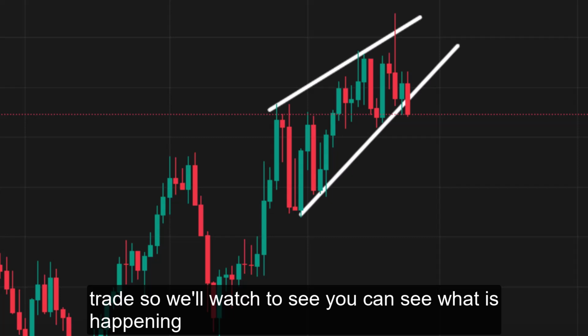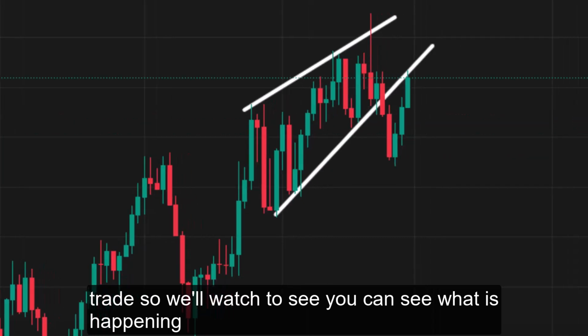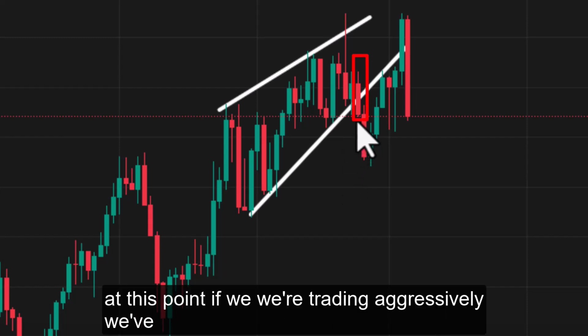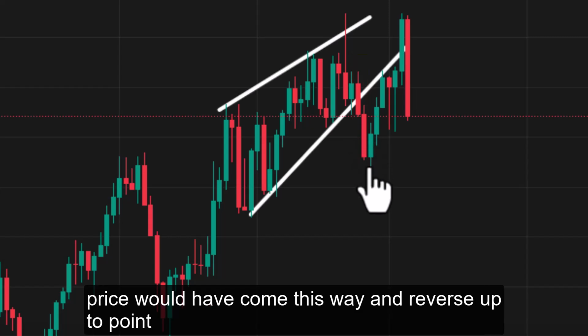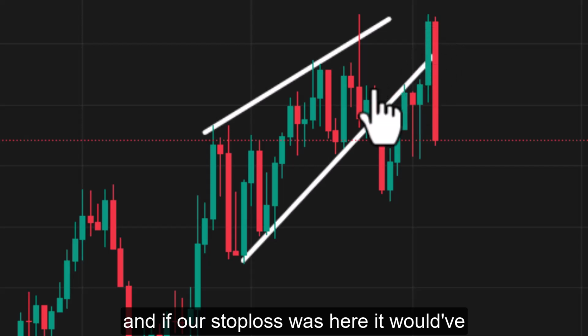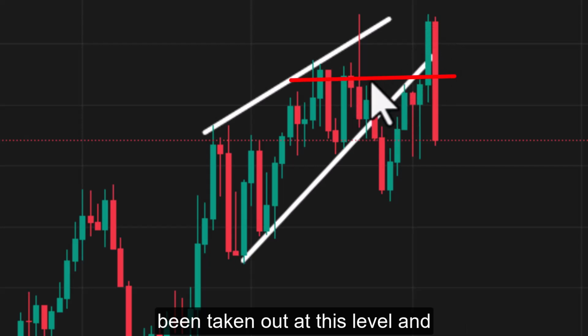So we'll watch to see what is happening. You can see, after price broke at this point, if we were trading aggressively, price would have come this way and reversed up to this point. And if our stop loss was here, we would have been taken out at this level.